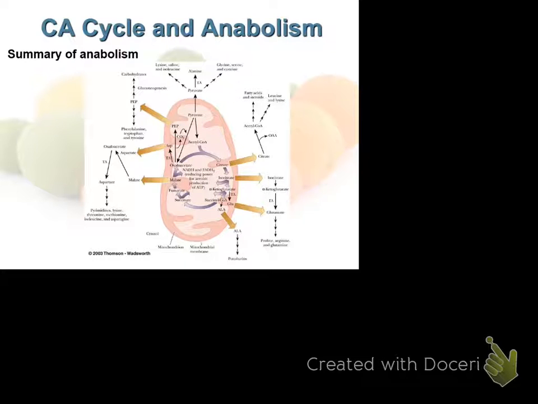We will not learn how to synthesize every single amino acid that's possible. We'll learn a handful of the important ones or how they are used, but you could have course after course on just amino acid biosynthesis and their metabolic pathways. And likewise, we can use it to make our fatty acids and steroids.